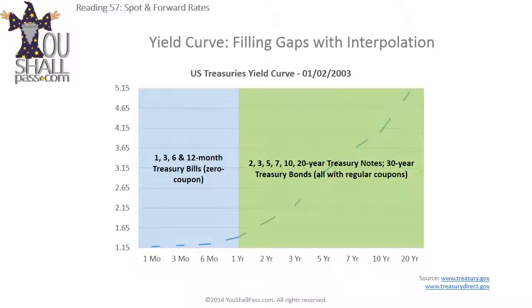This YTM, for maturities where representative trades did not take place, is actually a derived or implied YTM, and it is derived from nearby maturities where representative trades did take place. This process of using traded maturities to calculate YTMs for non-traded maturities is called interpolation.